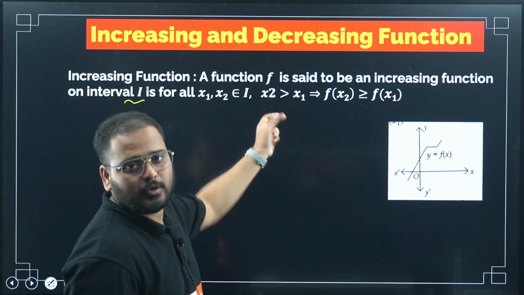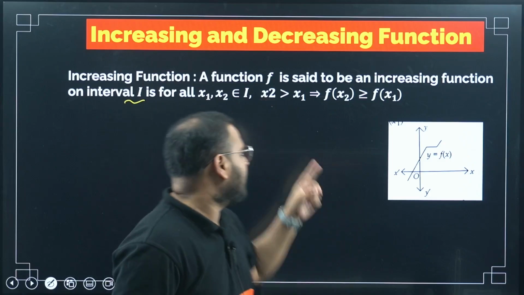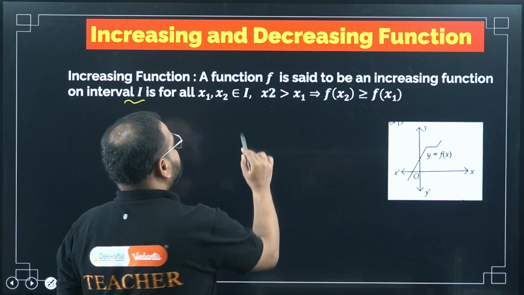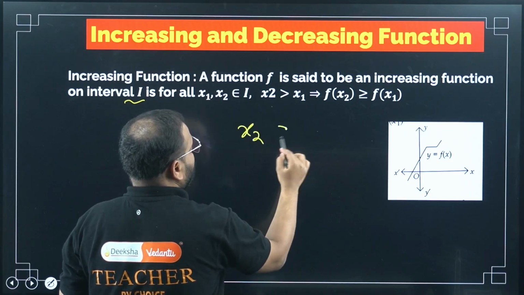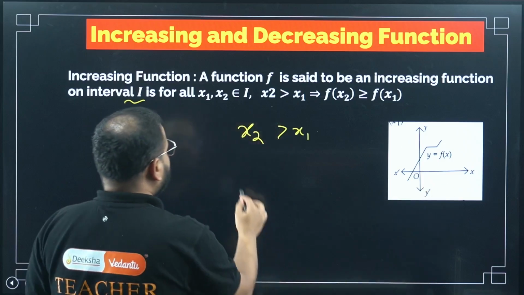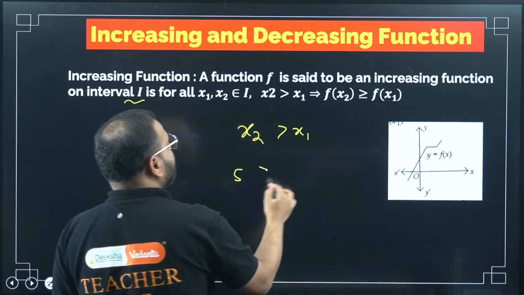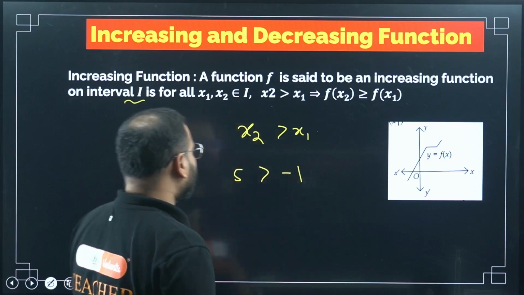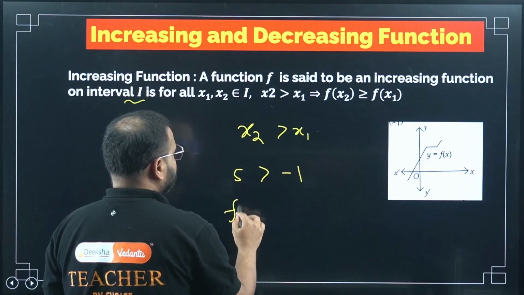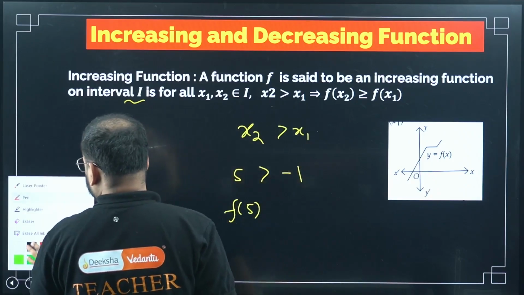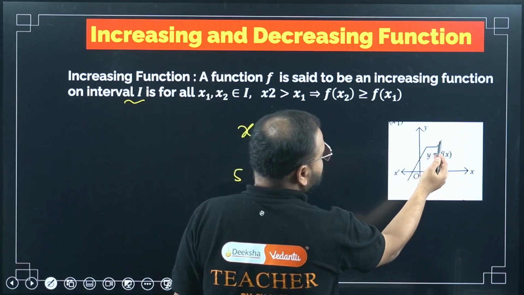So for any particular interval, if I take two numbers from the domain, x2 and x1, such that x2 is more than x1. For example, in this particular question, I can take x2 to be 5 and x1 to be -1. Is 5 more than -1? Of course, sir. What is the value of the function at 5? It will be somewhere over here.